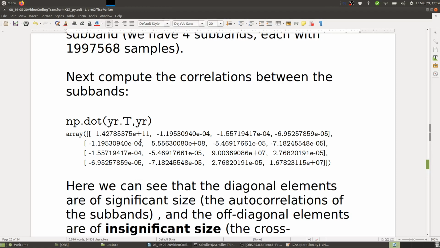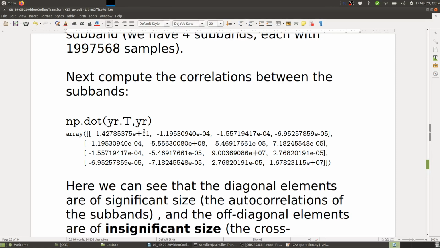On the diagonal, we have huge values because that's the total energy in each subband, right? And then we have the cross correlation values, and relatively they are tiny. If you start here with plus 11 and go down to minus 4, you have 15 orders of magnitude, so there's a factor of 10 to the 15th between the two.